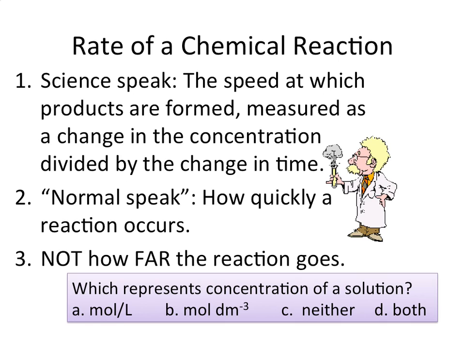And I want to remind us all here what concentration is represented by. And we took a look at this. Both A and B are the same answer, so they both work for us here. Other things that represent concentration are moles to the liter -1, and moles over decimeters cubed.